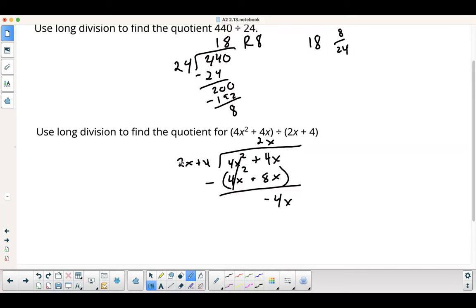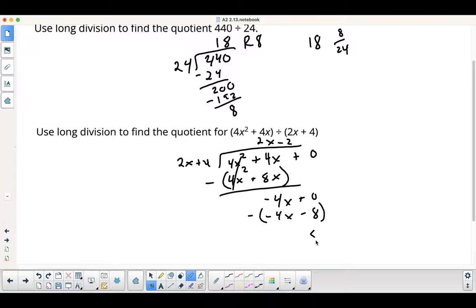Okay, 2x times what gives you negative 4? That'd be negative 2. Multiply. Really, it's plus 0 here. Negative 2 times 2x is negative 4x. I guess I could bring the 0 down, negative 8.